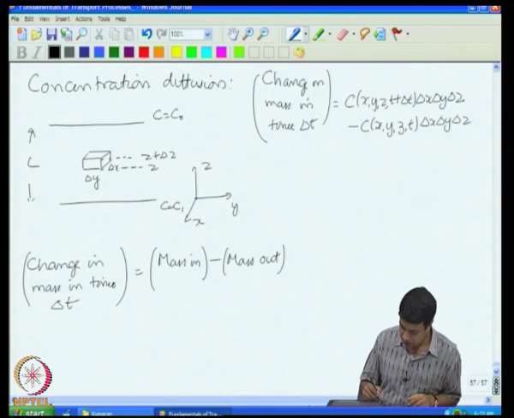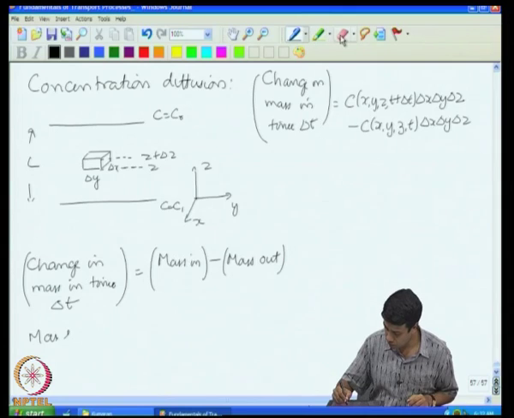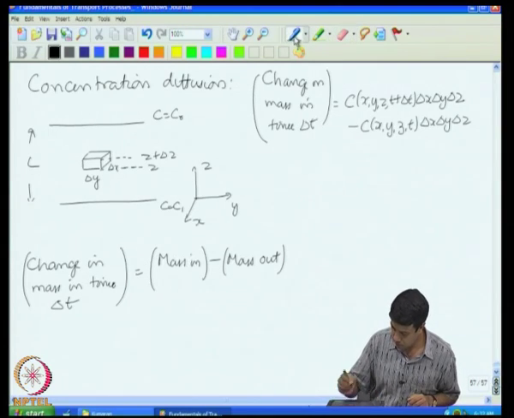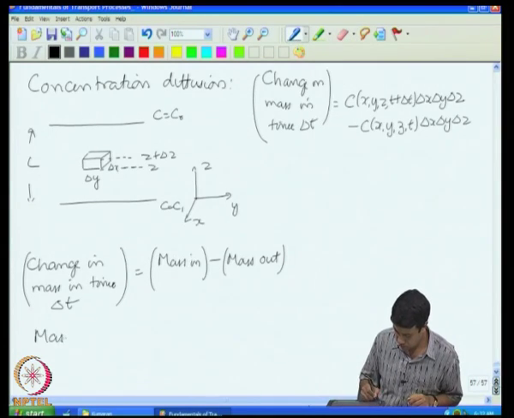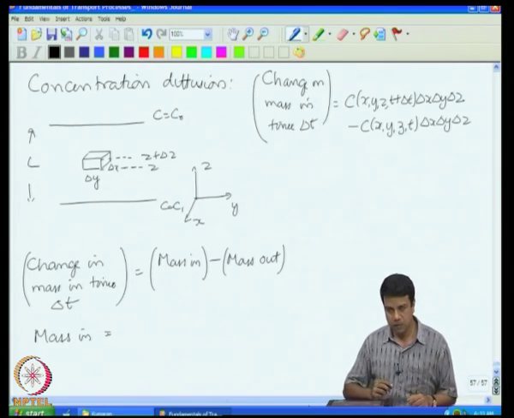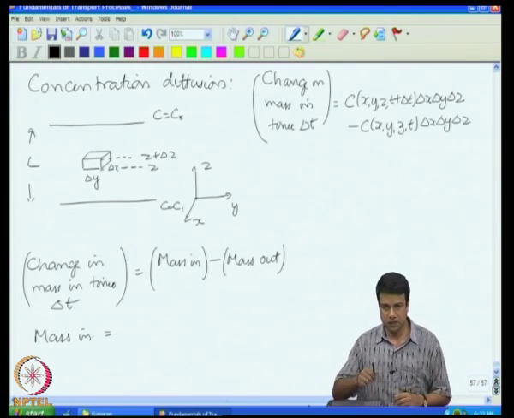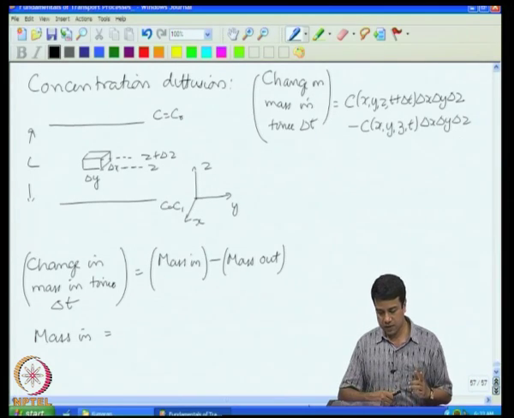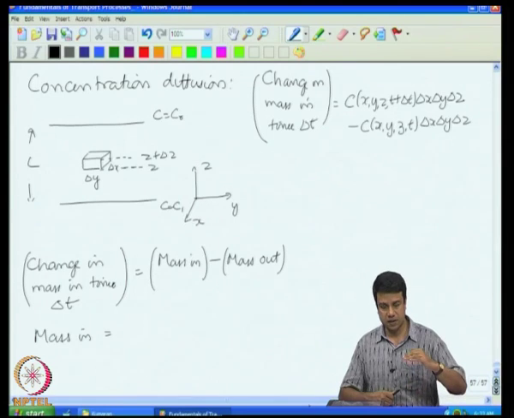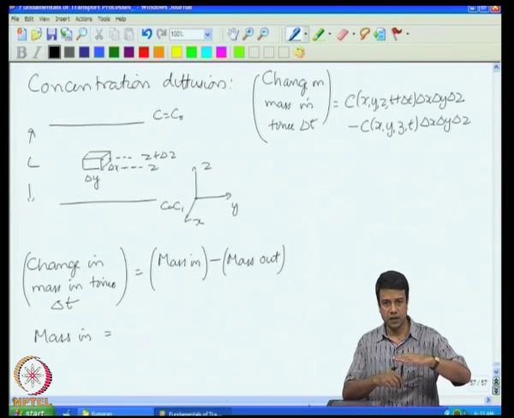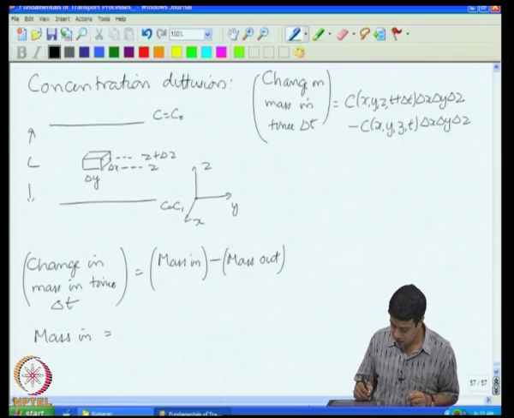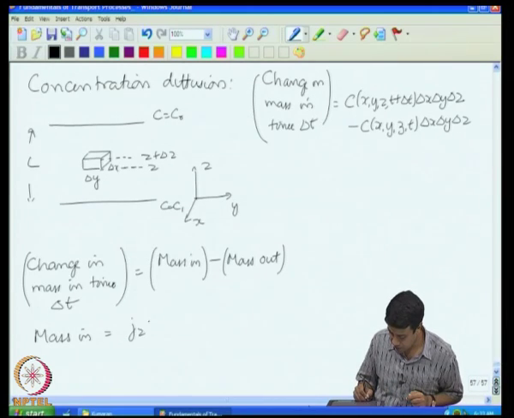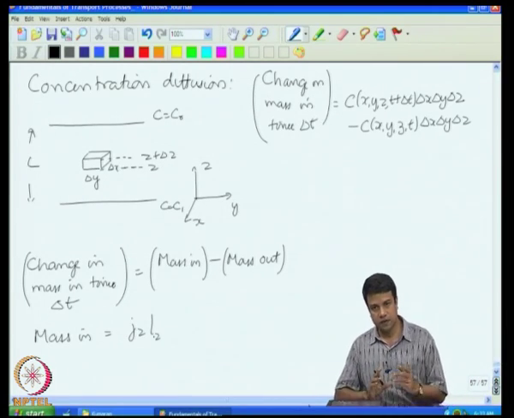The mass in is because of the flux that is travelling vertically along the z coordinate. We assume that flux in the positive z direction is positive. So, mass that comes in has to travel into the volume at the location z. So, mass in is going to be equal to the flux at location z. Flux is mass transported per unit area per unit time.